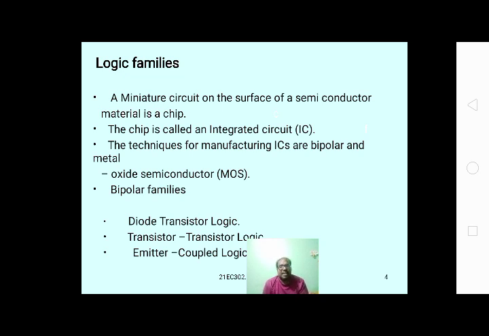Bipolar families are of 3 types: DTL, TTL and ECL. Please write the definition of chip and integrated circuit here, and the techniques used in manufacturing of ICs. Okay, most important, 1 mark questions are there.